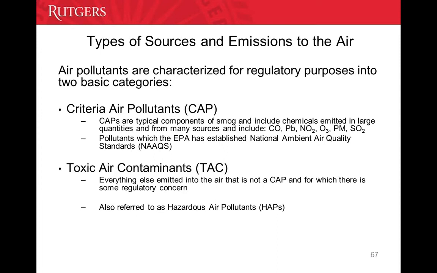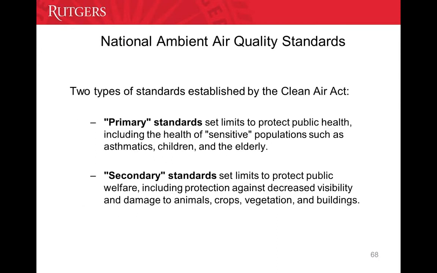EPA has established a national ambient air quality standard for these. Now, the toxic air contaminants are sort of everything else. If it's not a CAP, it's a TAC. And for these, there is some regulatory concern, but they're regulated a little differently.